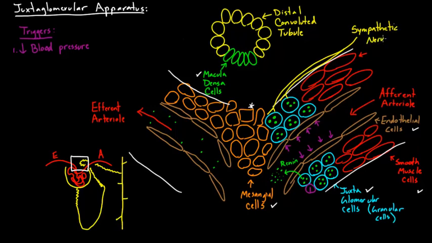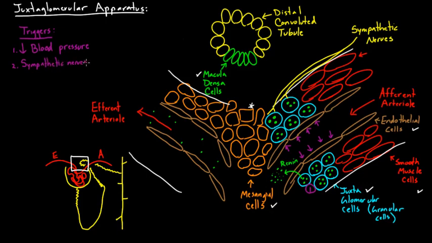And they actually come and sit with their little endings right on the juxtaglomerular cells. So they're sitting right there. And when they fire, that's going to make the juxtaglomerular cells want to dump out their renin. So the second trigger is sympathetic nerves. Okay.